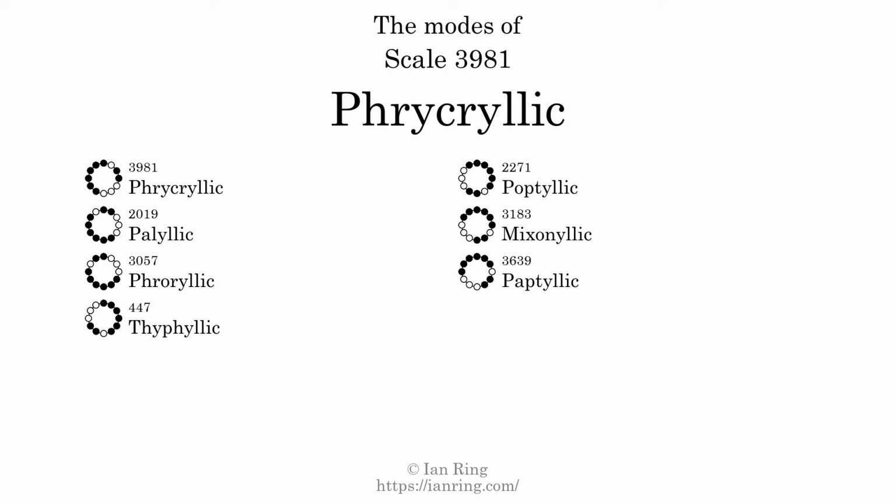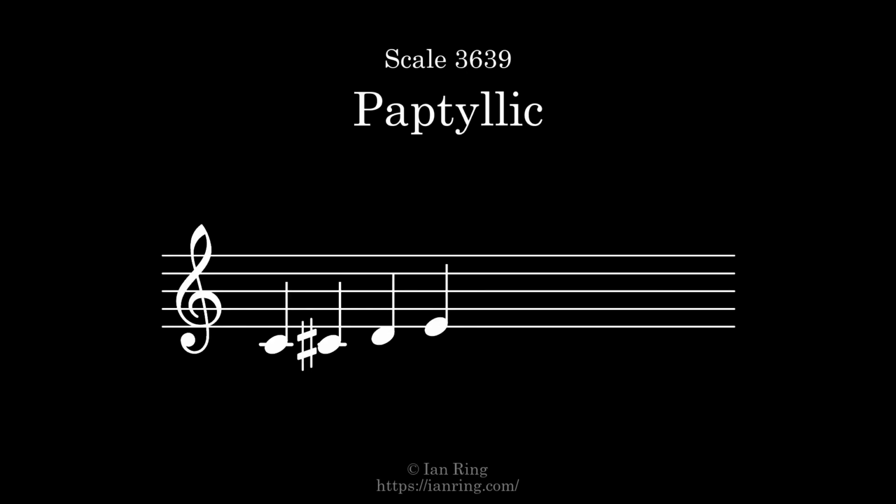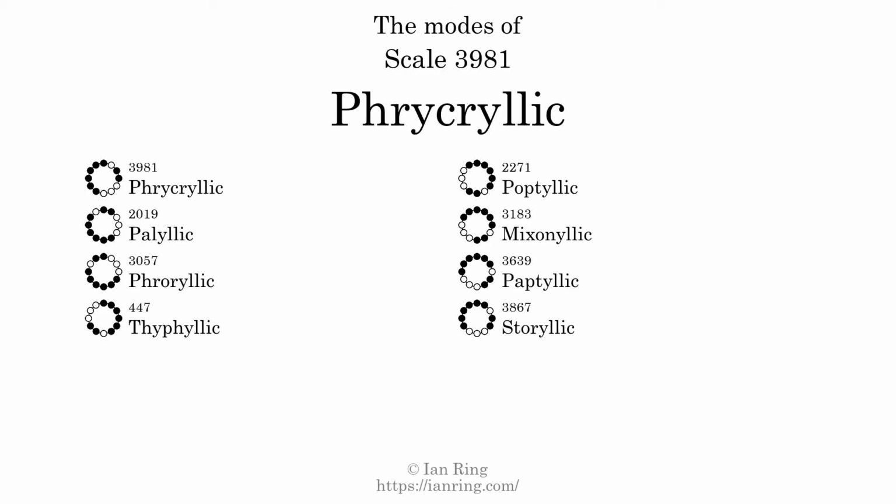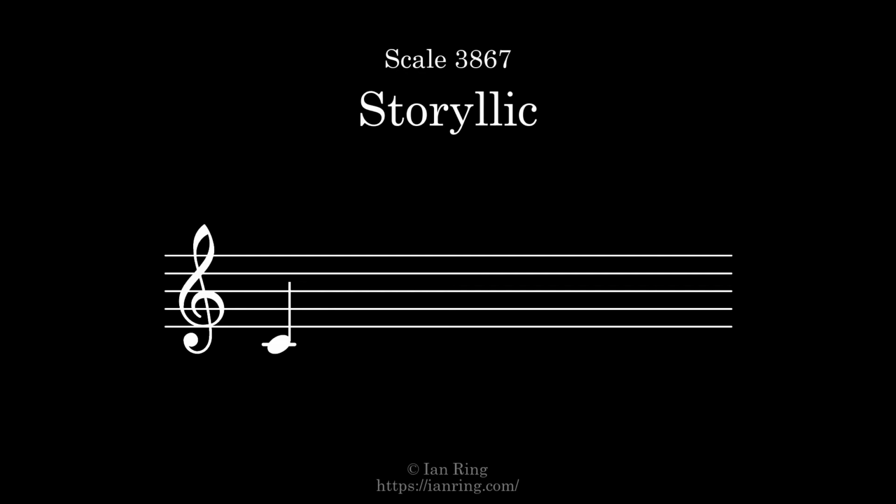The seventh mode is scale 3639, also known as Phrycryllic. It sounds like this. The eighth and last mode is scale 3867, also known as Phrycryllic. It sounds like this.